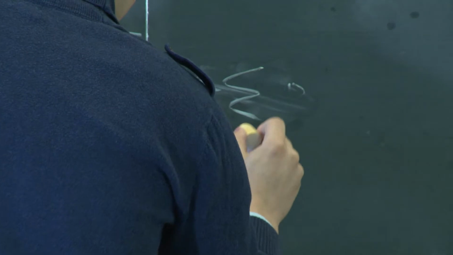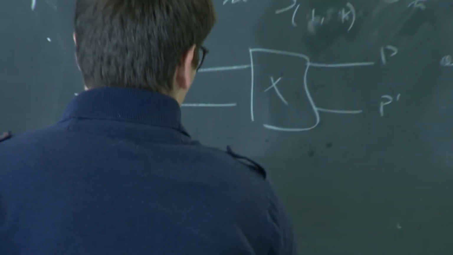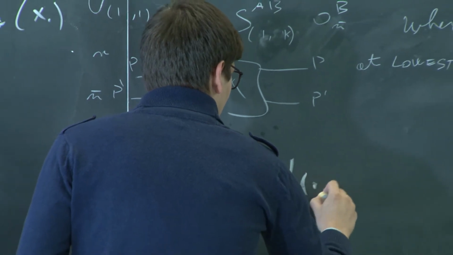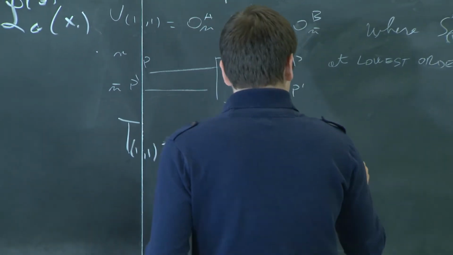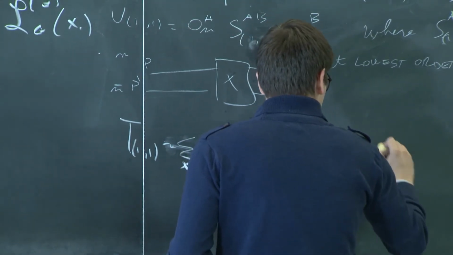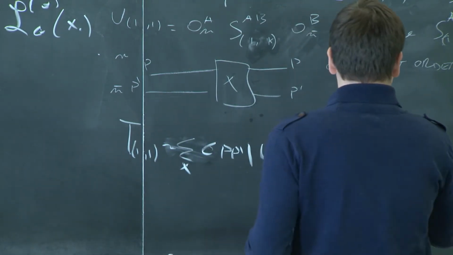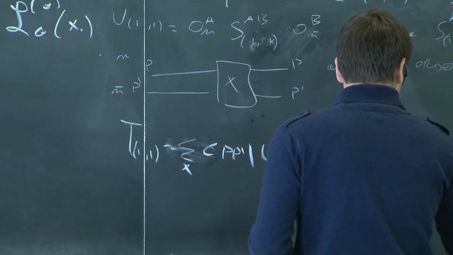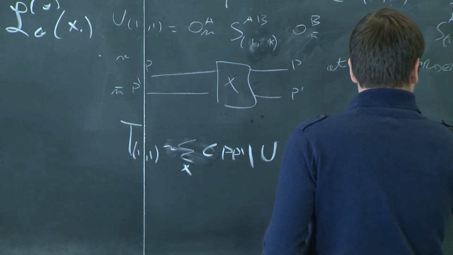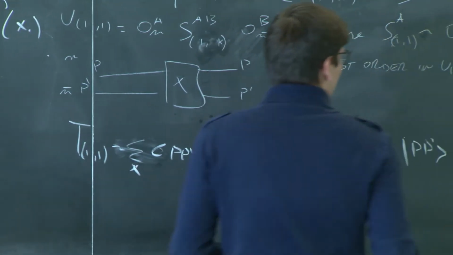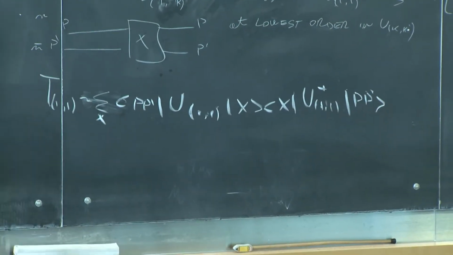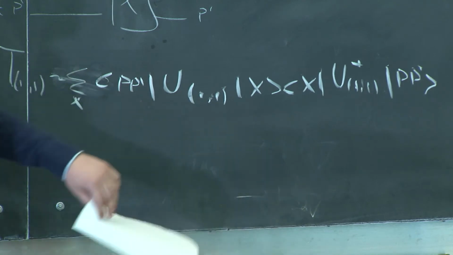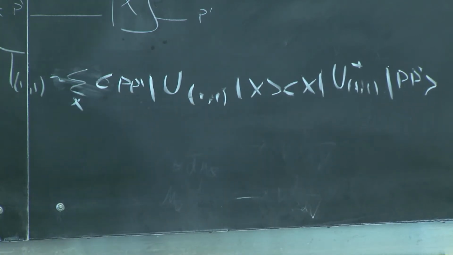This is basically the sum over the intermediate states X of <PP'|U_11|X><X|U_11†|PP'>, and now I can factorize this expression in the following way.